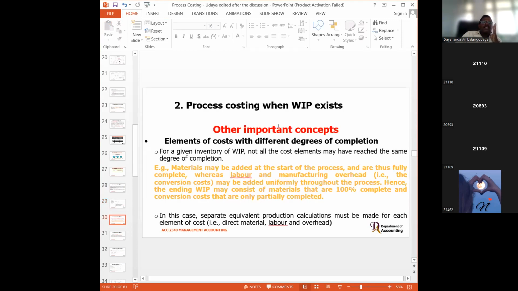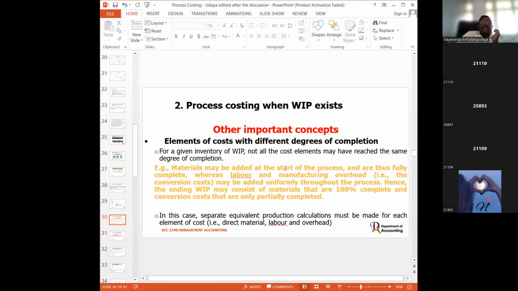5.7. Next step. Other important concepts. So now you can understand the meaning of equivalent units. Second point is element cost with different degrees of completion. For a given inventory of WIP, not all the cost elements may have reached the same degree of completion. Just read the example.